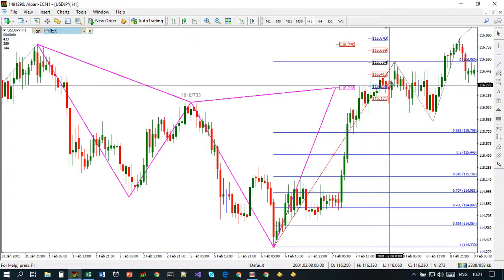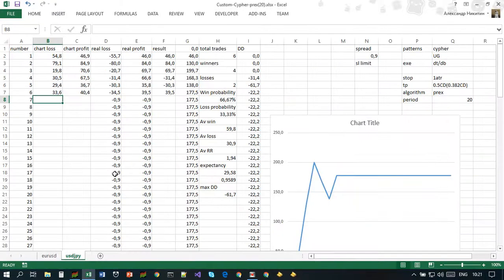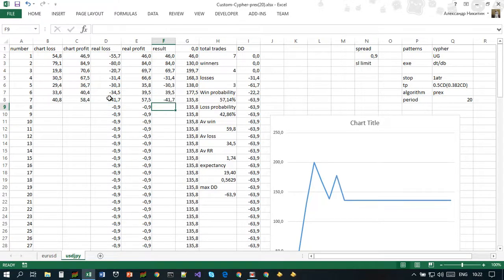We enter this candle, 40.8 versus 58.4. This time it was a stop, and yes, we'll go next.